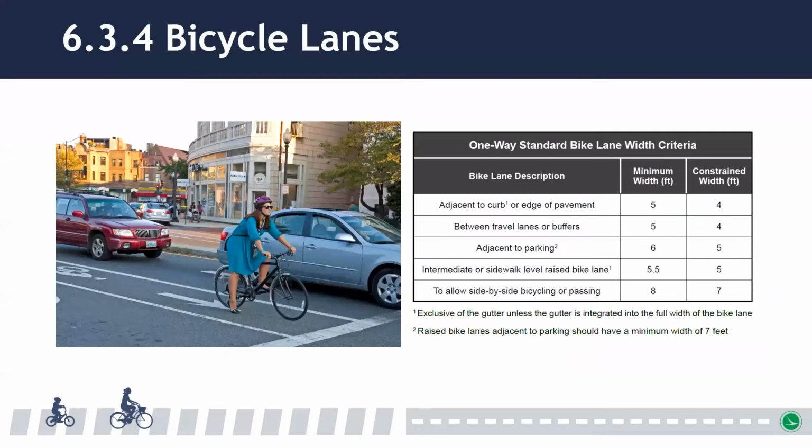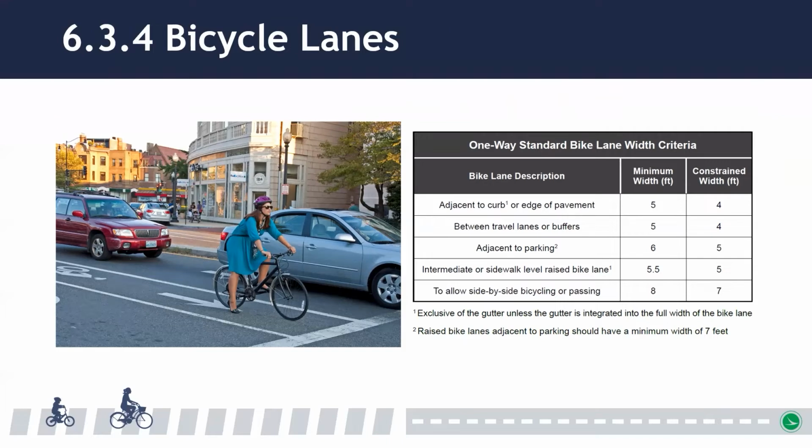Bicycle lanes, or bike lanes, are one-way bikeways designed for preferential use by bicyclists that typically carry bicycle traffic in the same direction as adjacent motor vehicle traffic and are distinguished from traffic lanes by striping, signing, and pavement markings.